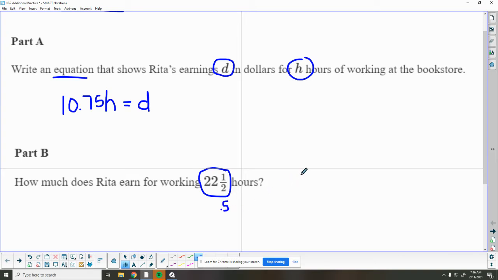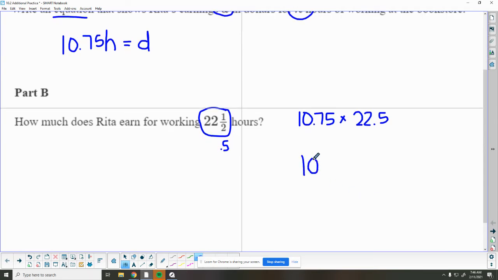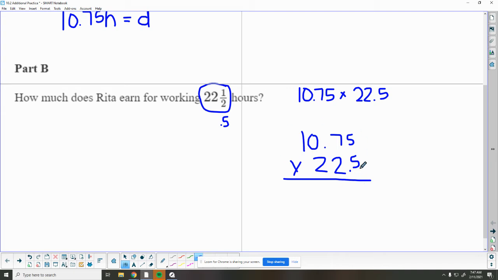So I want to take $10.75 and multiply that by 22.5 hours. Go ahead and try this.